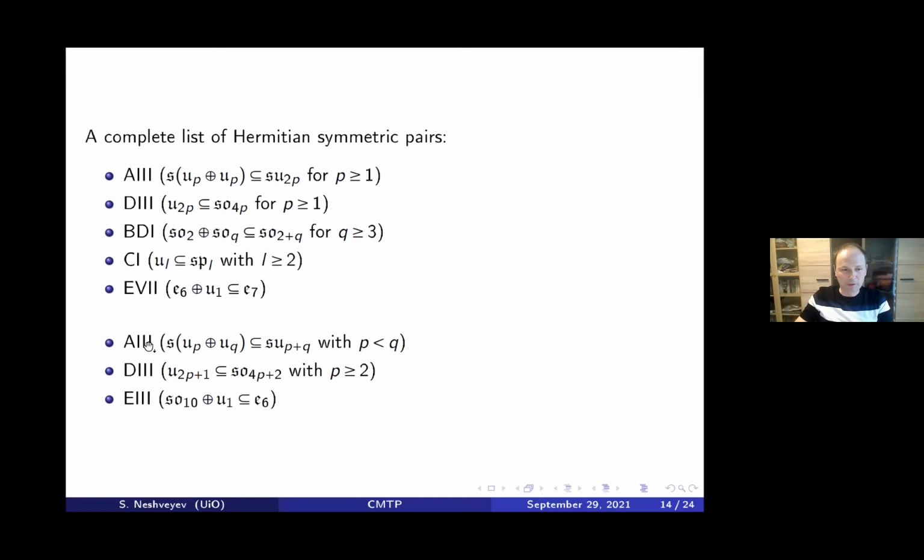The most studied and most well-known is probably the A3 case, where you just consider a special unitary group, and inside of it you have two unitary groups, and you take a special subgroup of groups with determinant 1. So the sphere case corresponds to just this case where P is equal to 1.